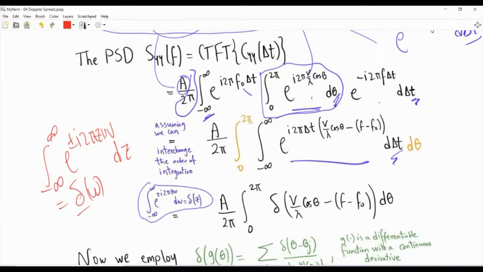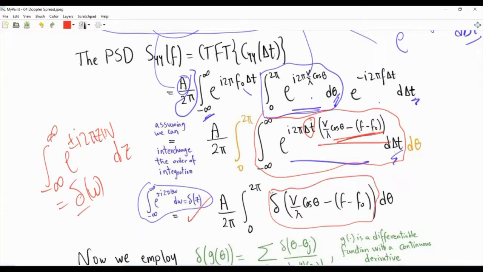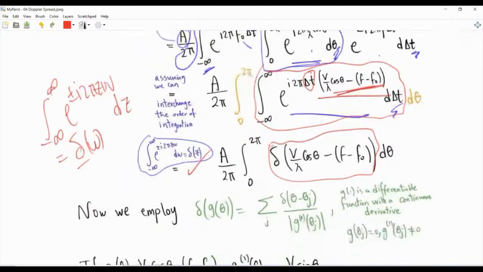So we use this here. We are integrating with respect to delta t, and the result will be the Dirac delta of this thing here. Applying this rule, we have this integration.